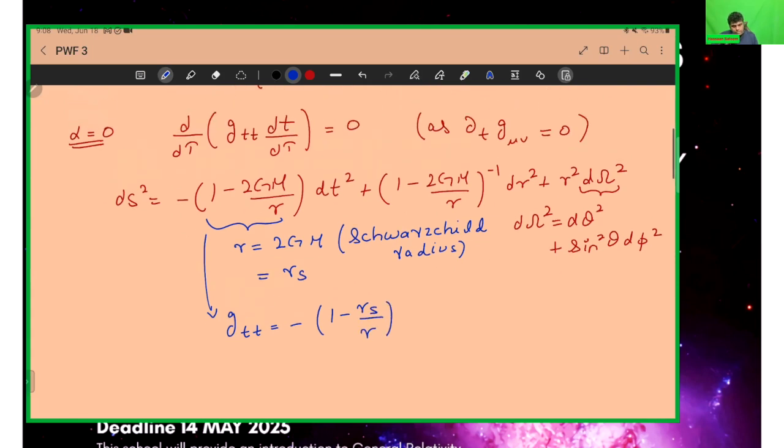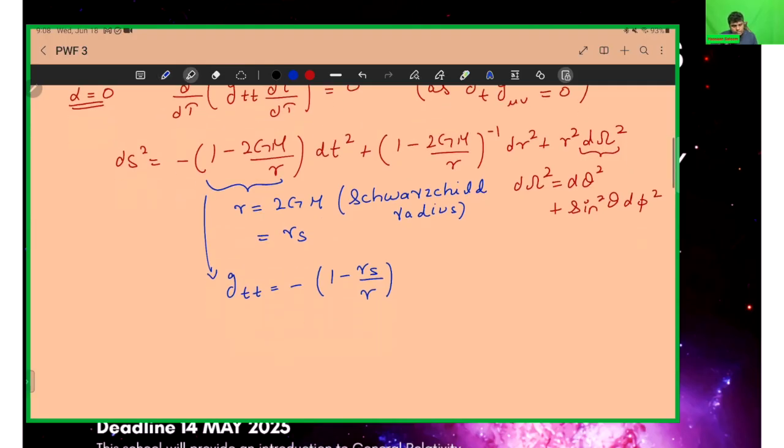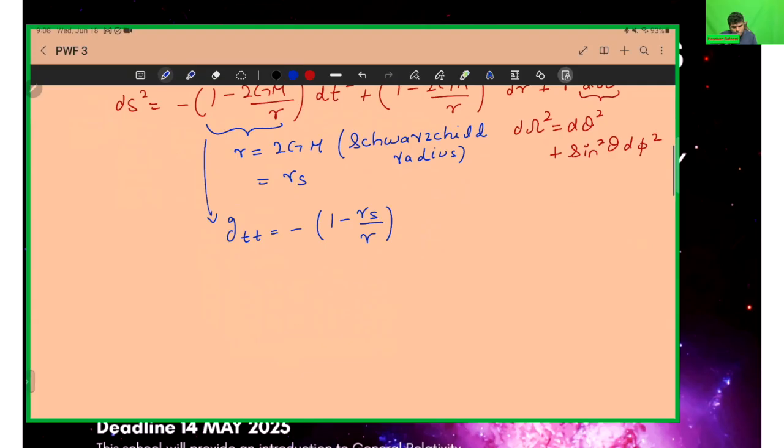Now let's use this time component in the geodesic equation and see what happens. It becomes d/dτ of (1 − r_s/r) dt/dτ equal to 0, after multiplying both sides by minus 1.